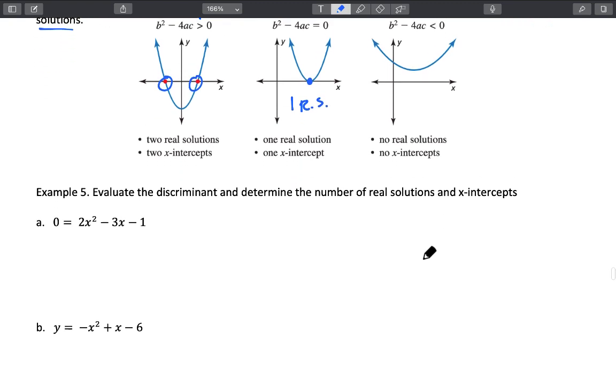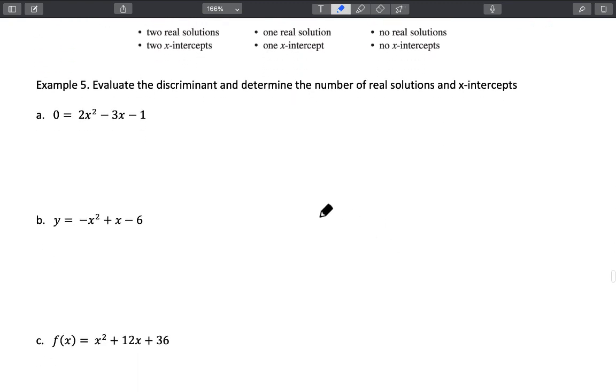So here in example 5, they just want us to evaluate the discriminant and determine the number of real solutions and x-intercepts. All right, so taking a look at part A here, our quadratic equation is in standard form, so it equals 0. My a value is 2, my b value is -3, and my c value is -1. Now remember, the discriminant is just the b squared minus 4ac.